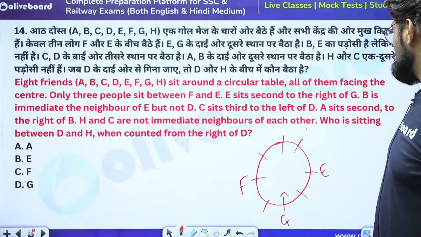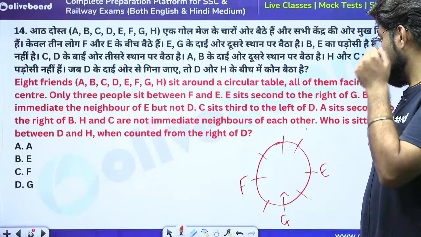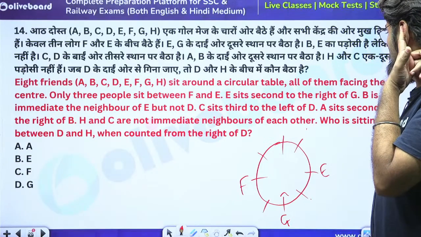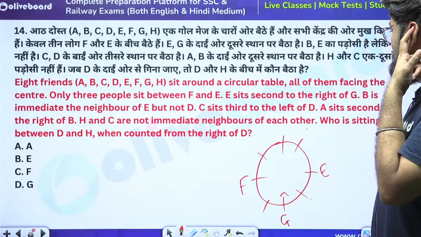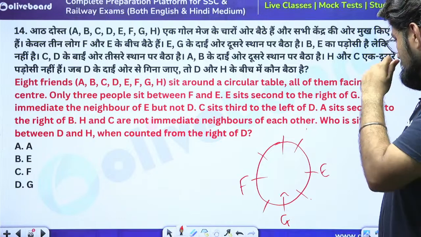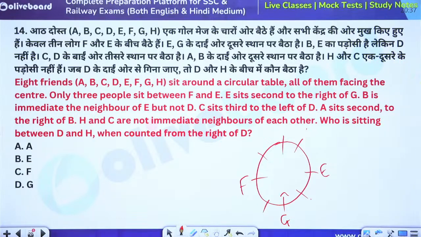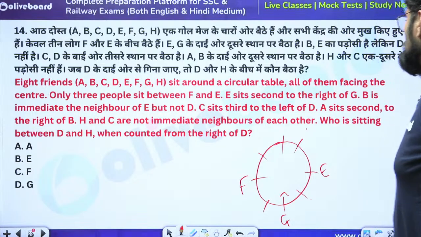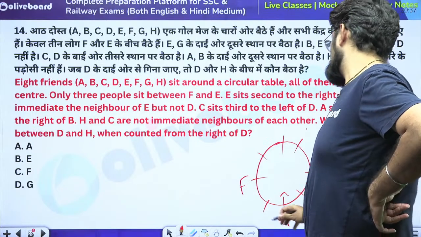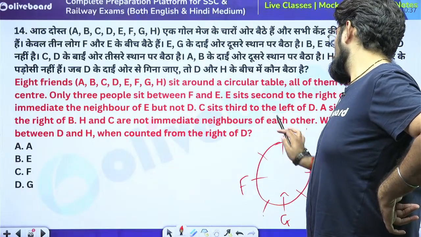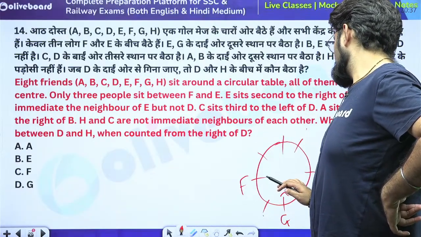C sits third to the left of D. Okay, we'll keep a hold to that. A sits second to the right of B. H and C are not immediate neighbors of each other. Okay, we'll have to take this call. So C sits third to the left of D. If this was D, 1, 2, 3, C could have been here.